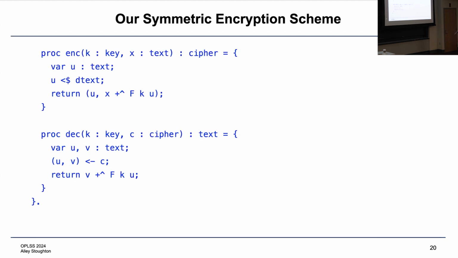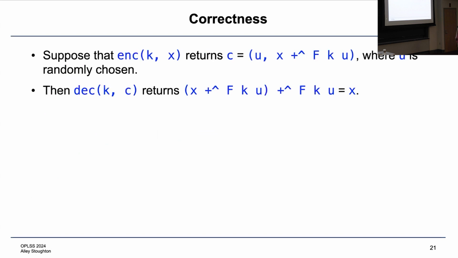And then when we decrypt, we take this thing apart, recover the U, which we stored as part of the ciphertext, and then take the second part and exclusive OR it with F of key and U, and the two occurrences of F of key and U just cancel out because that's how exclusive OR works. So that's what this slide said.